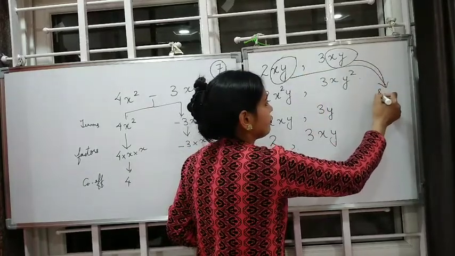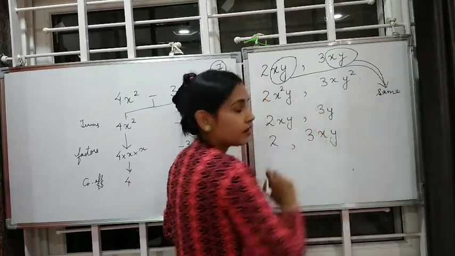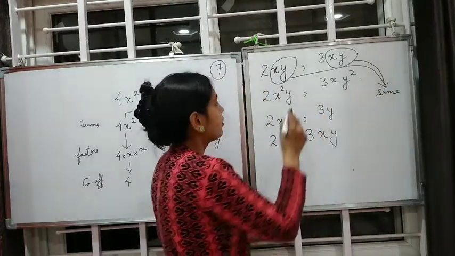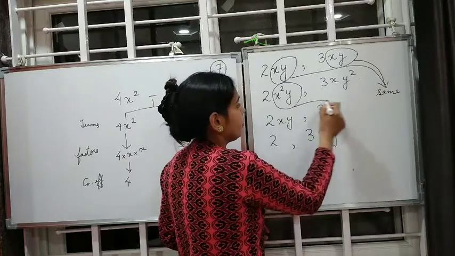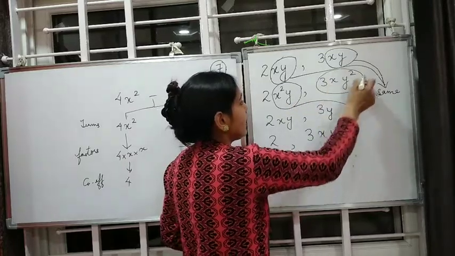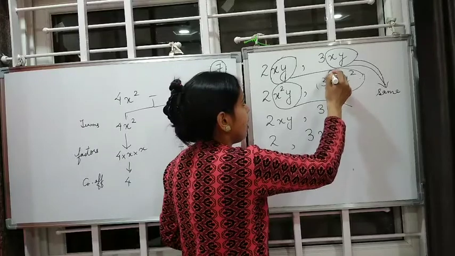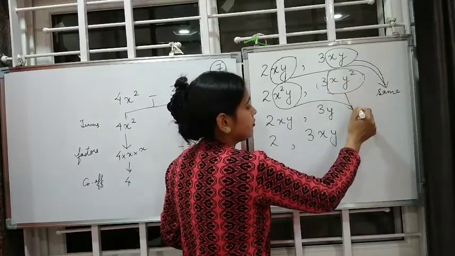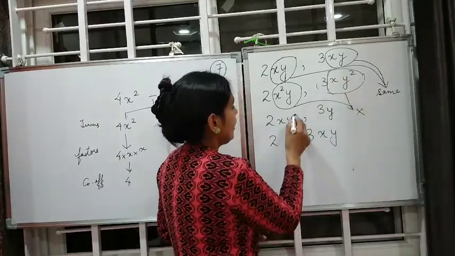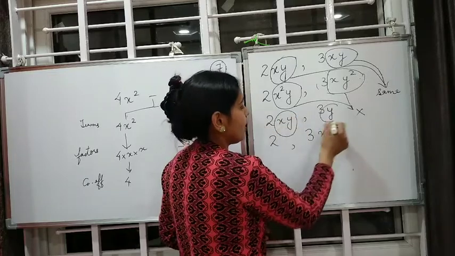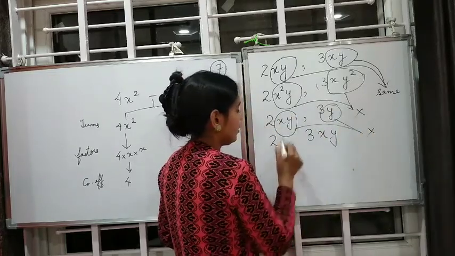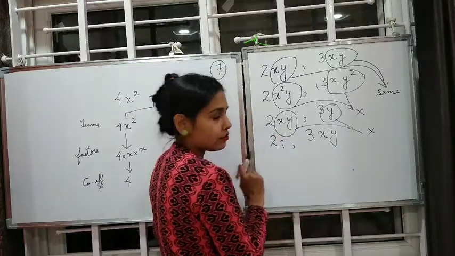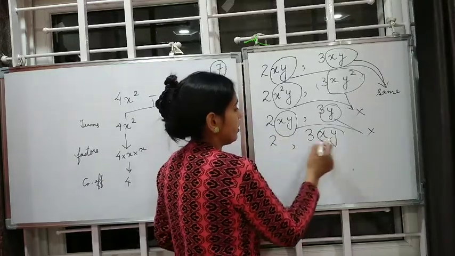Are they same? Yes, right? X square y, x y square. Are they same? No. X, y, y. Are they same? No. Nothing here, alone, just the constant value. X, y.